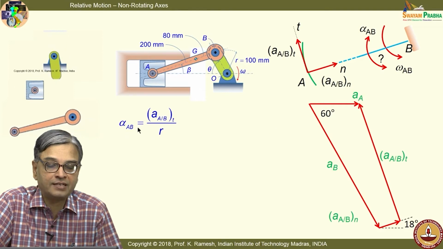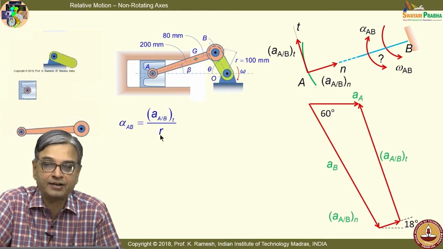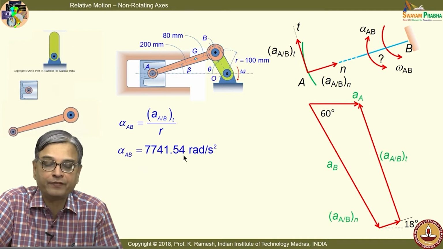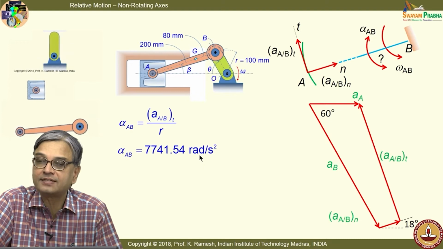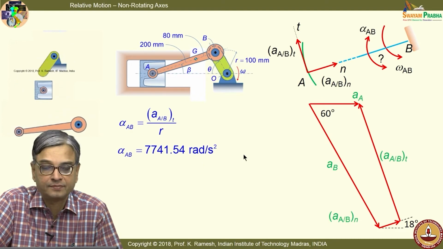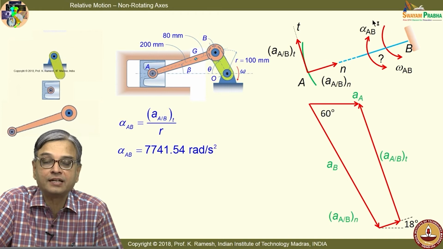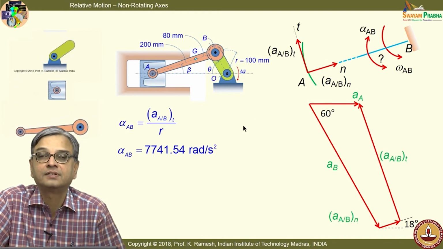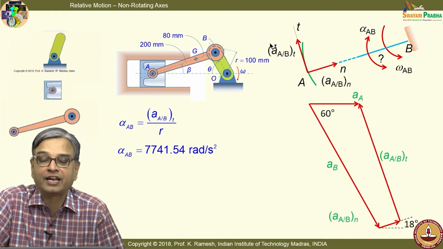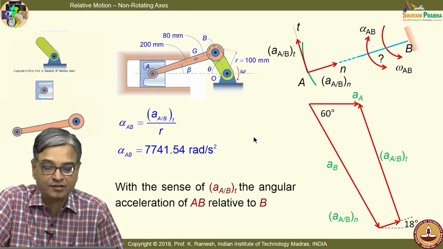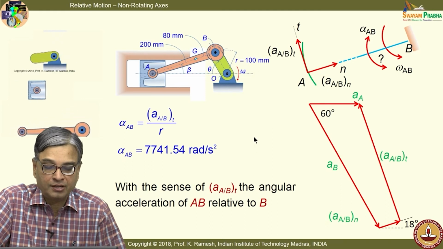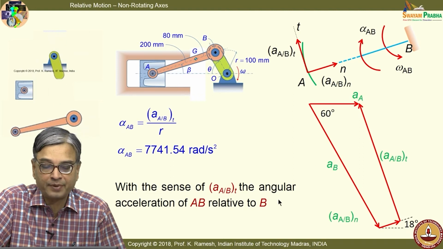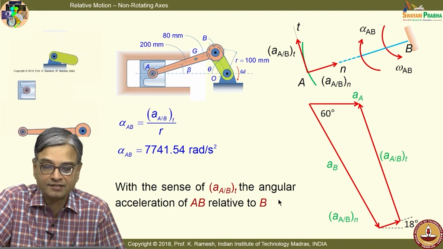So, alpha AB is nothing but AAB tangential component divided by R. That turns out to be 7741.54 radians per second squared. So, can you tell me what is the direction of this acceleration? We know the direction of this, with the sense of AAB, the angular acceleration AB related to B can be determined. So, I get this as clockwise.